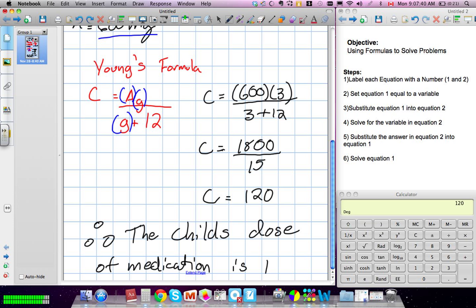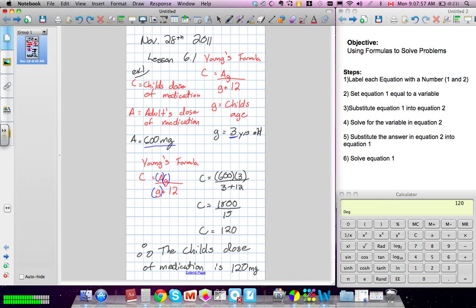Milligrams. That's right. The adult's dose was in milligrams, so we are calculating the child's dose in milligrams. So a 3-year-old child should get a dosage of 120 milligrams when an average adult's dose is 600 milligrams for this medication.